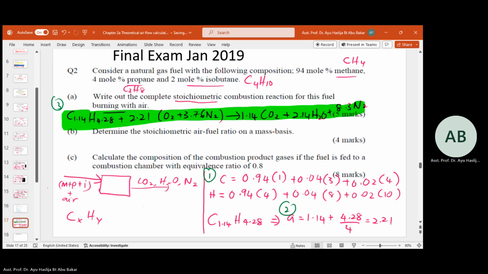Okay. Then we proceed to B. It asks you to determine the stoichiometric air-fuel ratio, where we already have the A just now, 2.21. Just include in the equation.